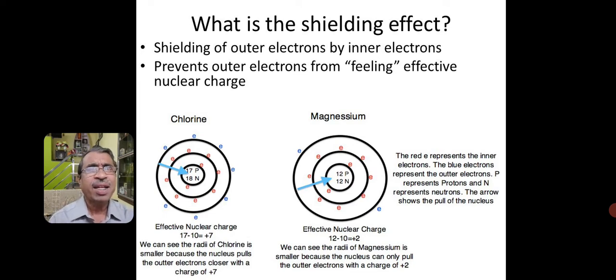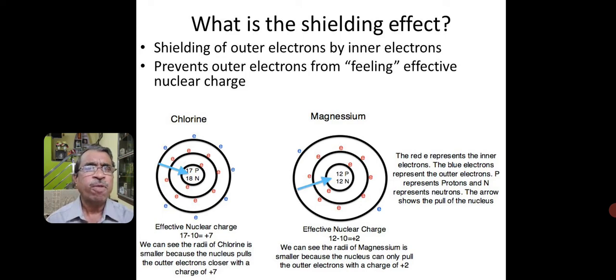Here, this is a slide that shows once again the shielding effect. The inner electrons shield the attraction between the nucleus and outer electron. In case of chlorine, there are 10 inner electrons and 7 valence electrons.